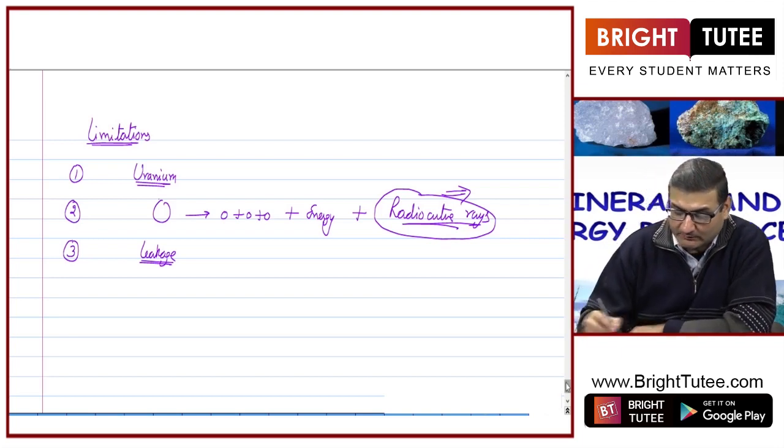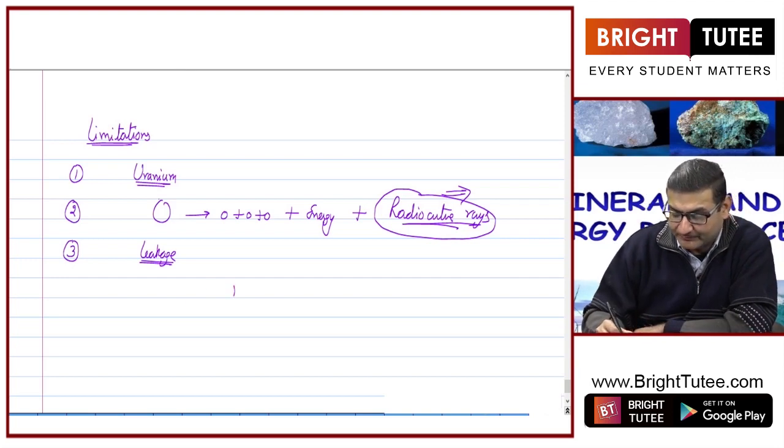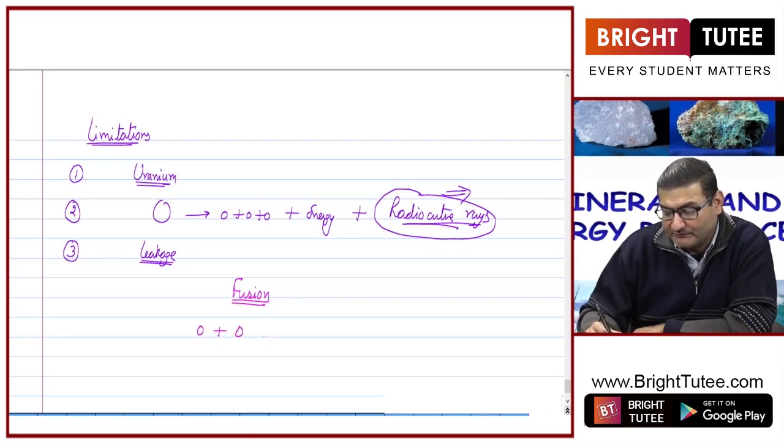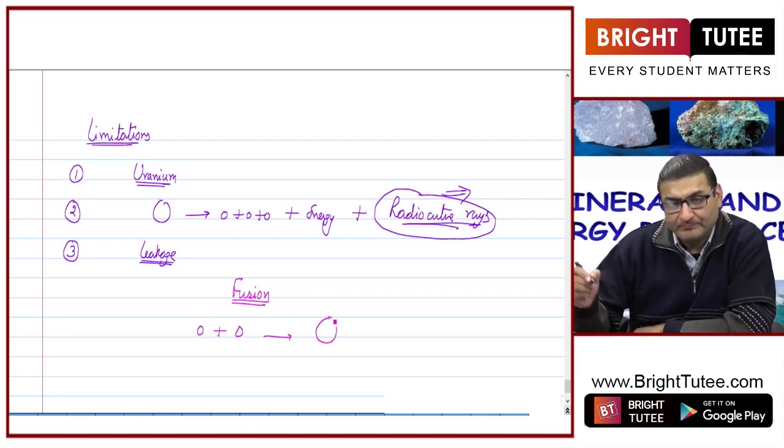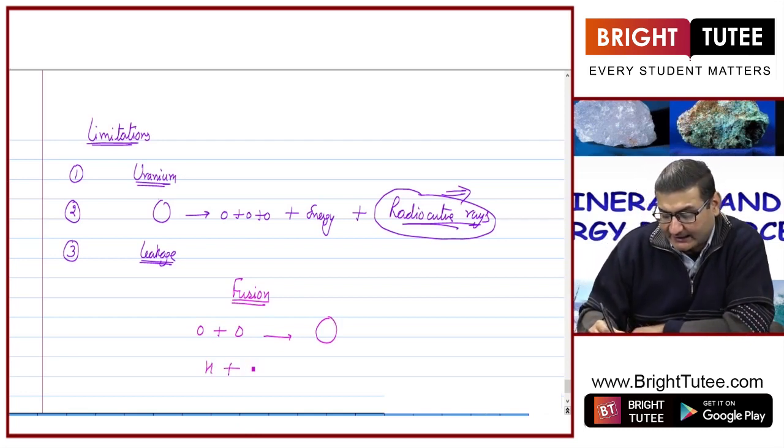Then we talked about nuclear fusion, a bit of detail of fusion. In this nuclear fusion reaction, we just said that we fuse two smaller nuclei, like I take an example of hydrogen.